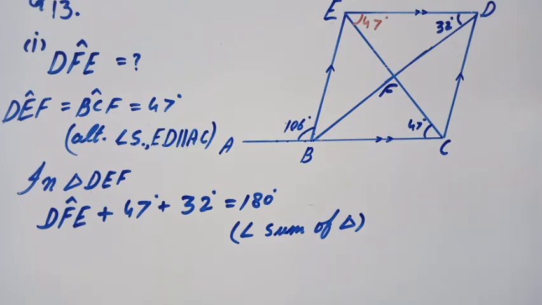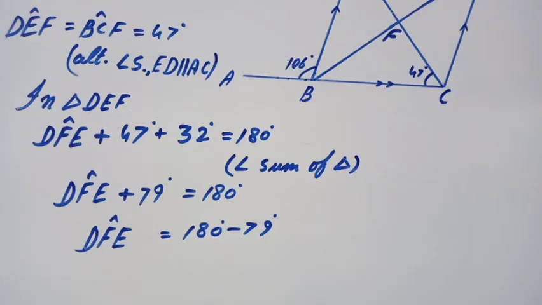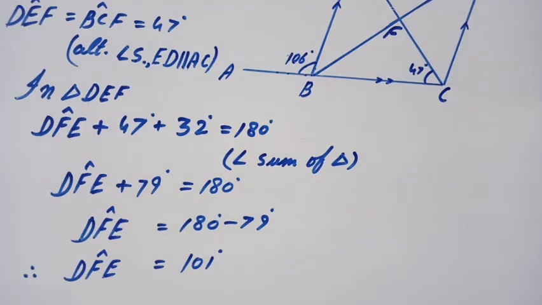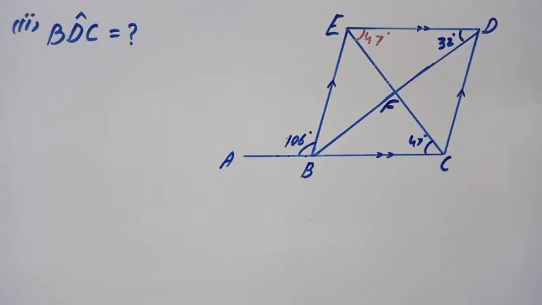Solving it, we will find out the angle DFE. Now DFE is equal to 180 minus 79 degrees. Hence we have found that DFE is equal to 101 degrees.